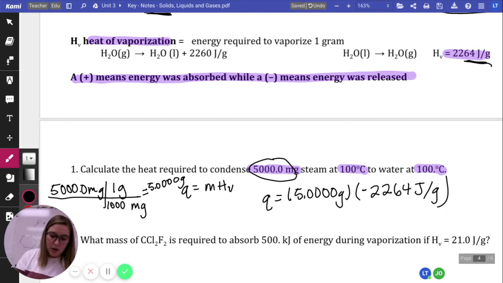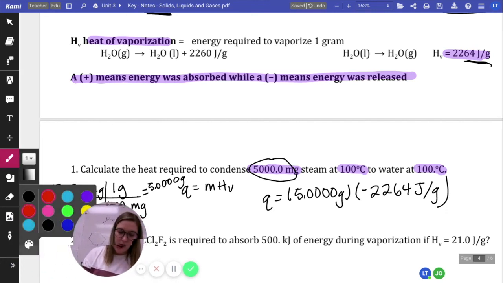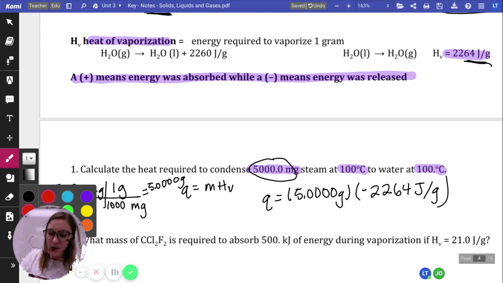All right. So we can see that our units are going to cancel since I have grams on the top here and on the bottom over there. I'm going to be just left with joules. All right. So I'm going to plug it into my calculator, 5.0000 times negative 2,264.